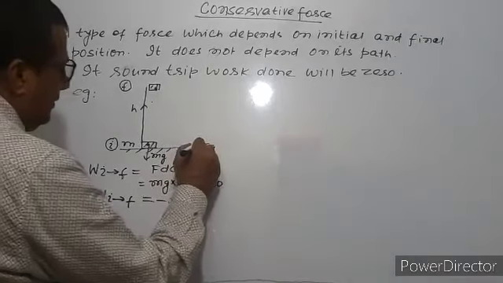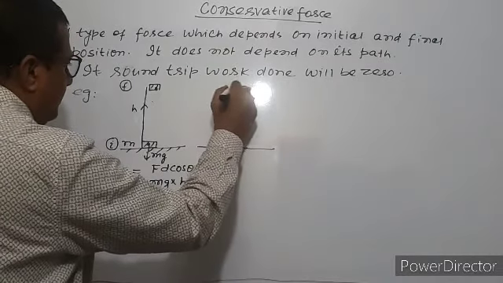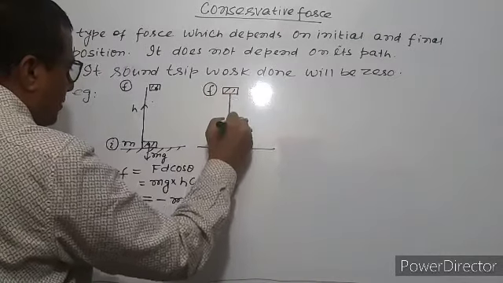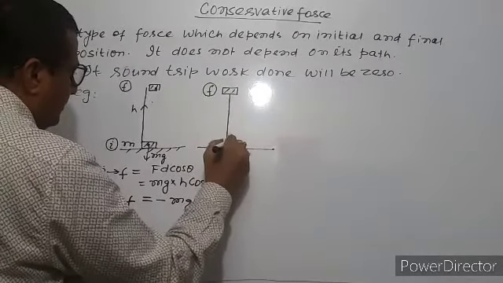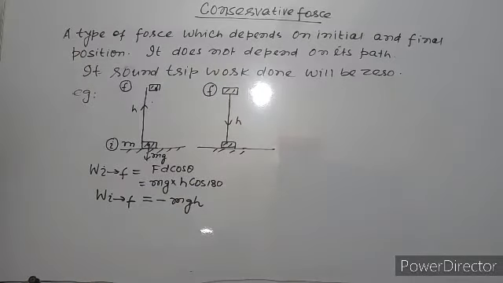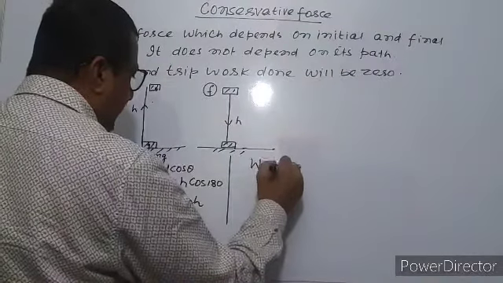Again, we want to find work done from final to initial. The body is coming down. This is the h height. Then work done will be equal to Fd cos theta.